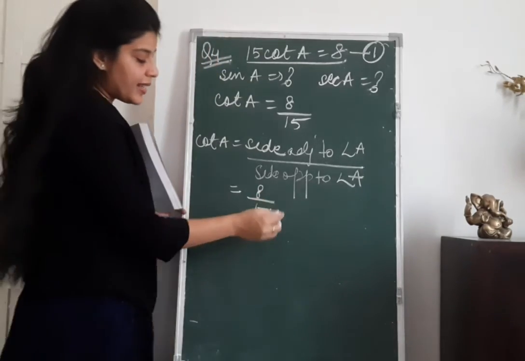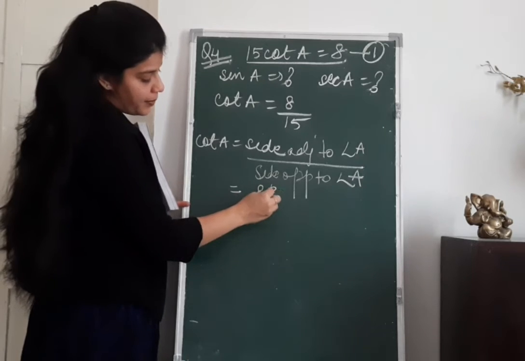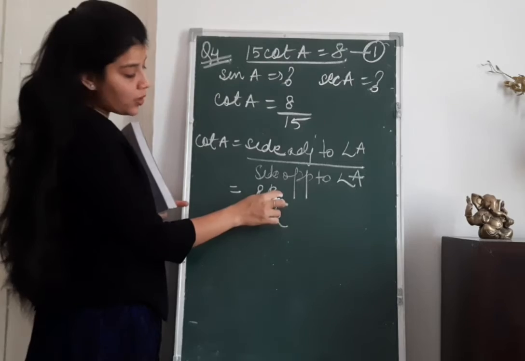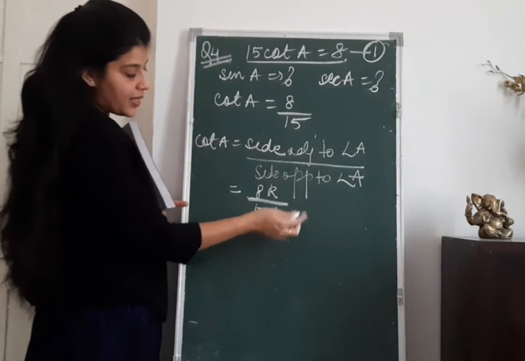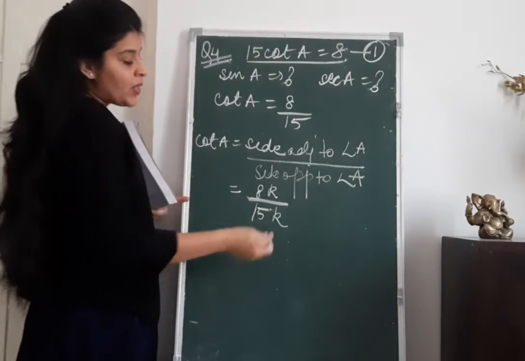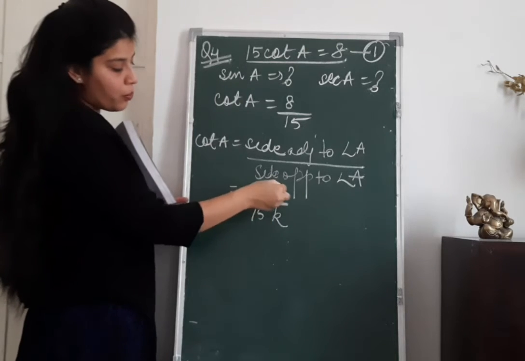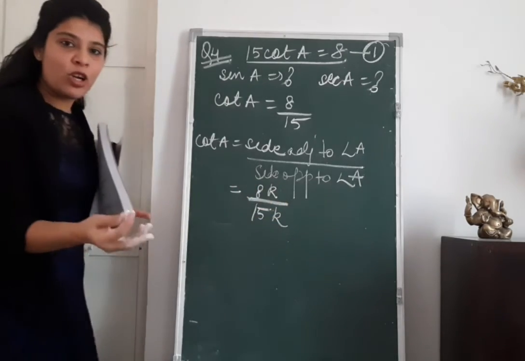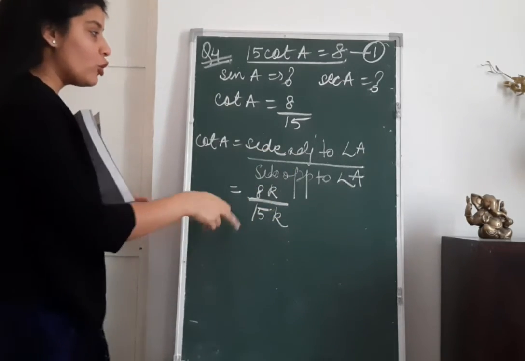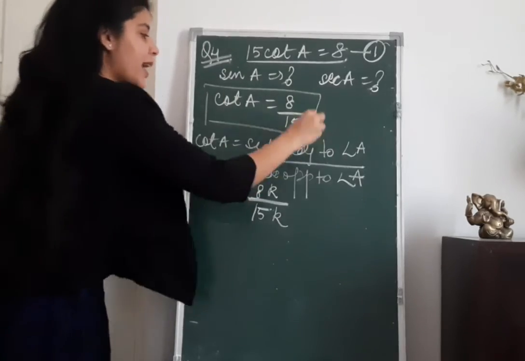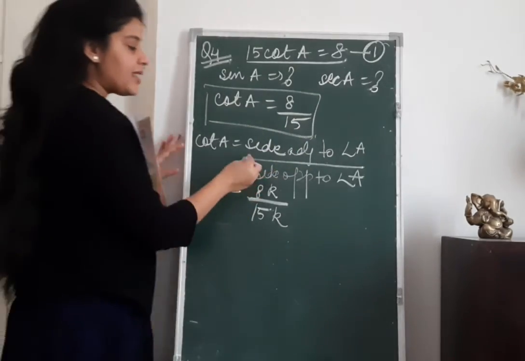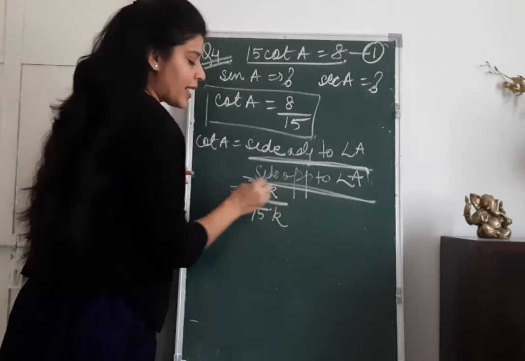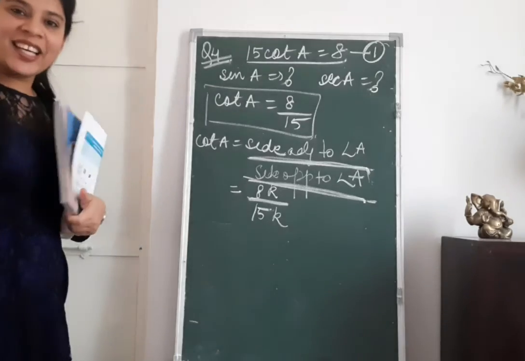So again, let us assume that there must be some common number which is cancelled from both numerator and denominator. Let k be that common number which is cancelled from both numerator and denominator while obtaining cot A. Okay, then can I say side adjacent to angle A is equal to 8k and side opposite to angle A is equals to 15k.